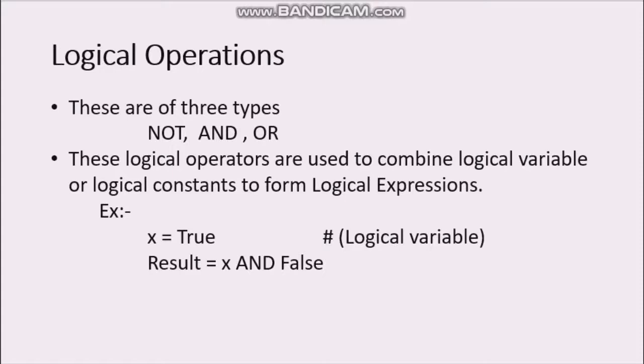It will evaluate depending on the value of x, whether it is true or false. If it is true, true and false will return false, and if the value of x is false, false and false will also return false. So the result variable will always store false in this case.